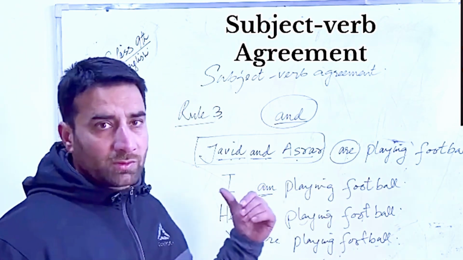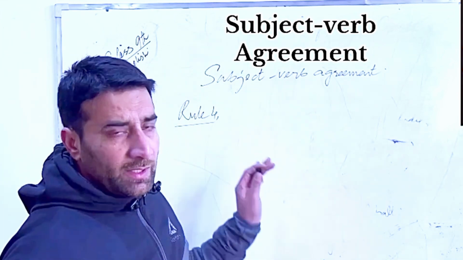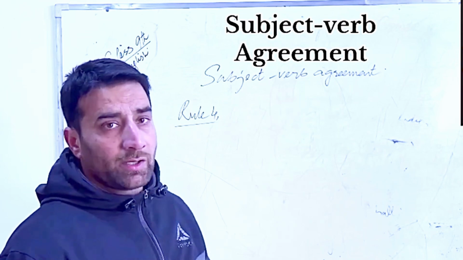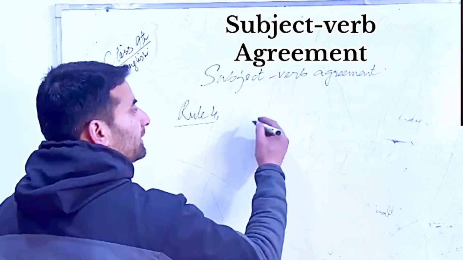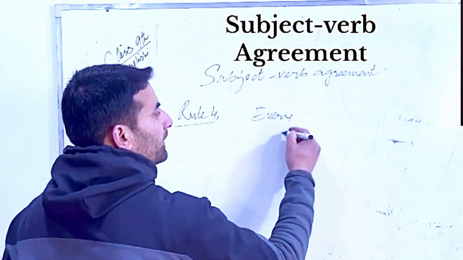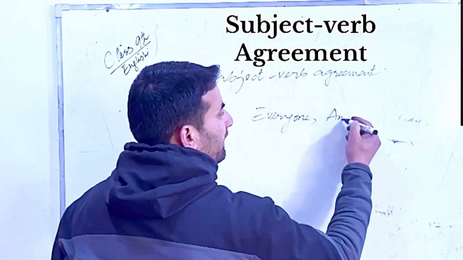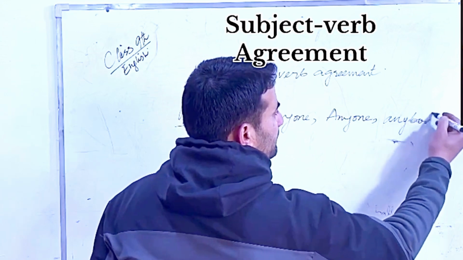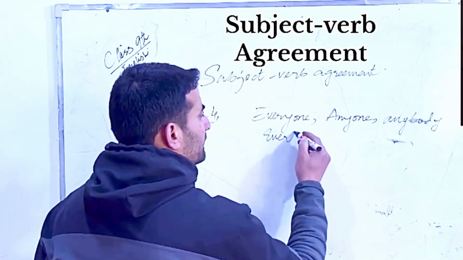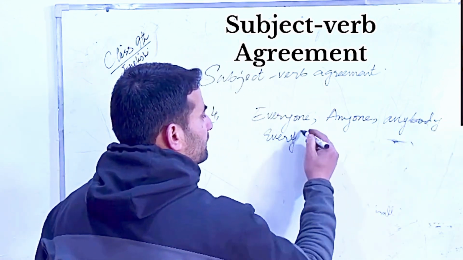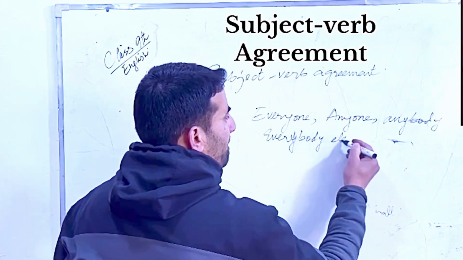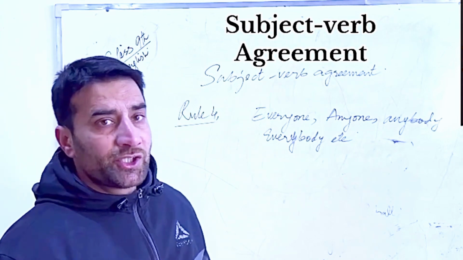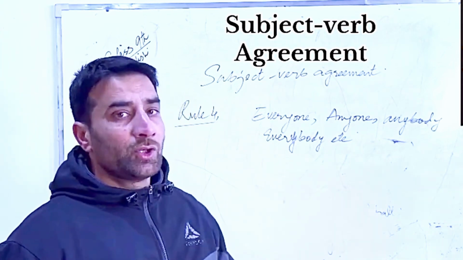Let's move to the rule fourth. So we have got rule number 4. If a sentence starts with some of these words or noun phrases like everyone, anyone, anybody, everybody, etc. These noun phrases or subjects are considered as singular and the corresponding verb should be singular.